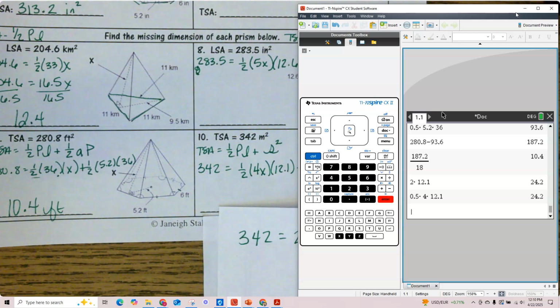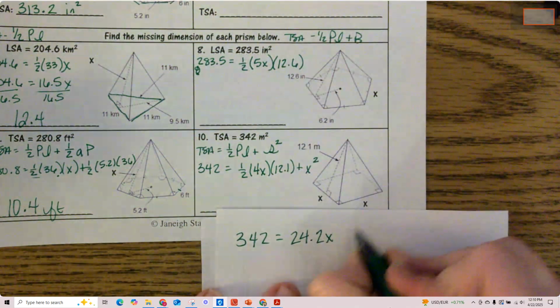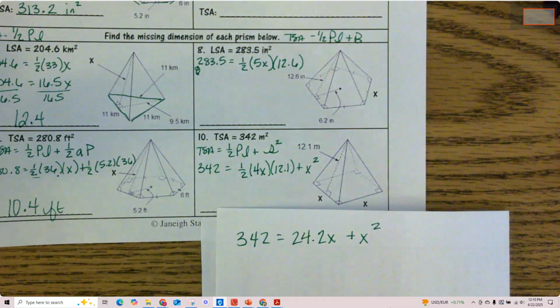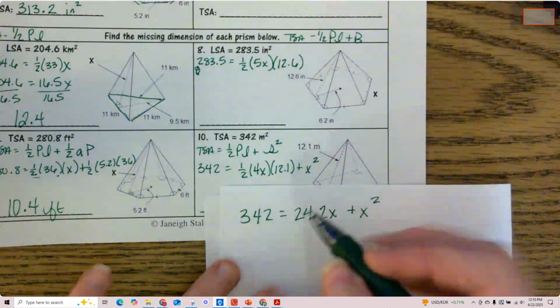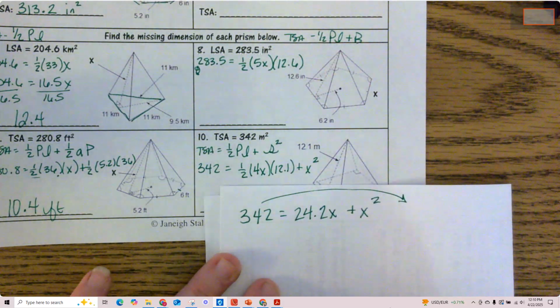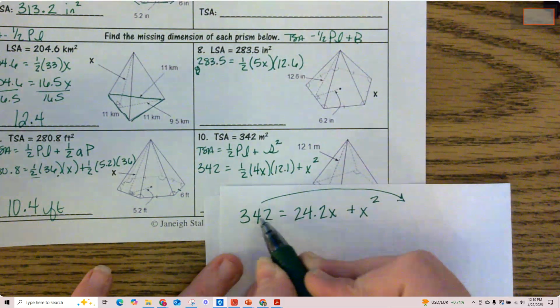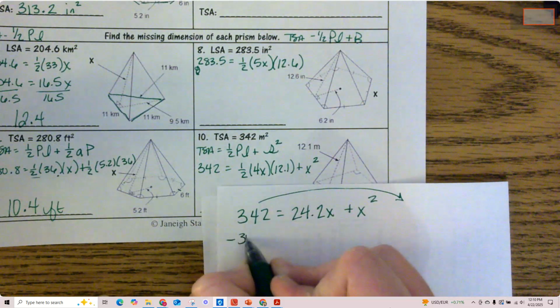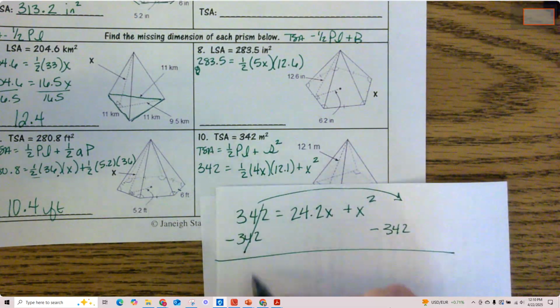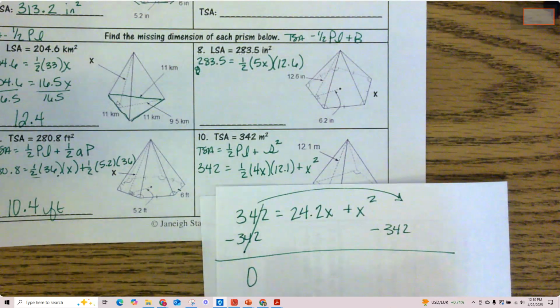Okay. We got a quadratic. To solve a quadratic, I need all the pieces on the same side. So I'm going to move this 342 over with everything else. That way I get that 0 on that one side by itself.